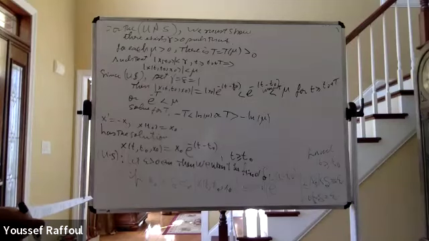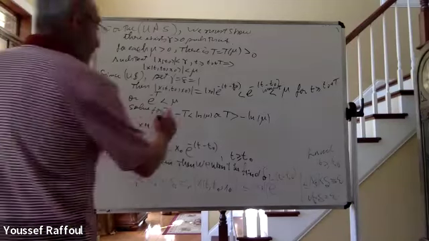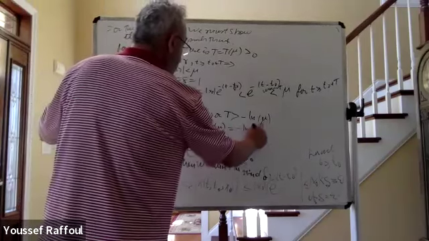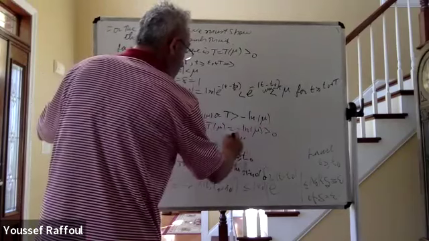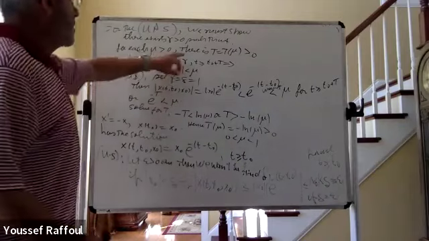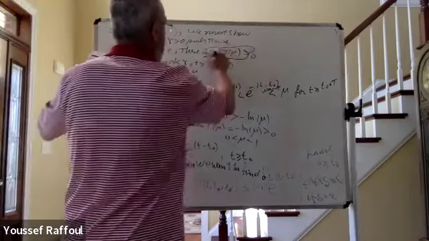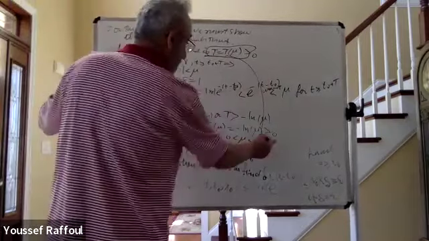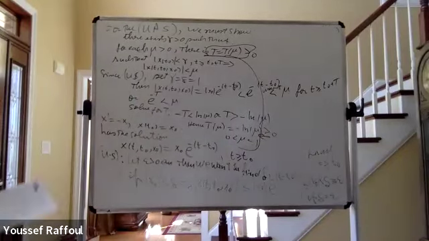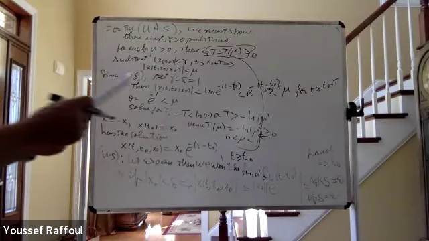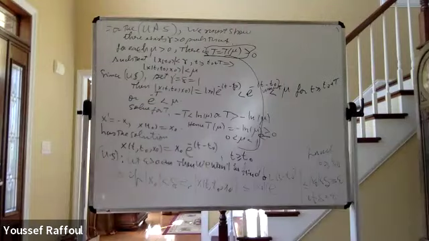Hence t mu equal minus ln of mu, which is positive since mu is between 0 and 1. It's a small number. So we found a t. There is a t. So this shows the solution is uniformly asymptotically stable.